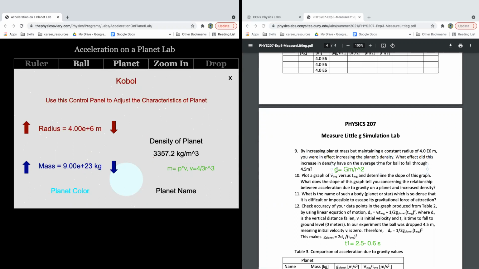If the acceleration becomes bigger, that makes the ball fall even faster, right? So when density is increasing, the mass is increasing, that means the acceleration is increasing, so the ball falls faster. So this is for the first question.